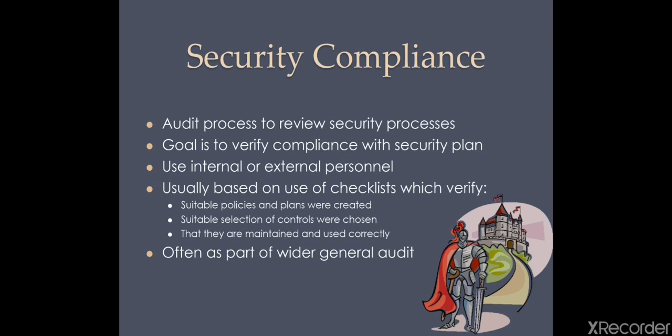For example, here, suitable policies and plans were created. Yes. Suitable selection of controls were chosen. Yes. They are maintained and used correctly. Yes, and so on. If no, this needs to be raised to the responsible personnel or responsible department or even the top management in order to deal with the shortcomings, the deficiencies.